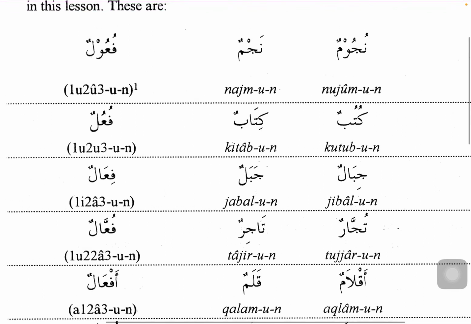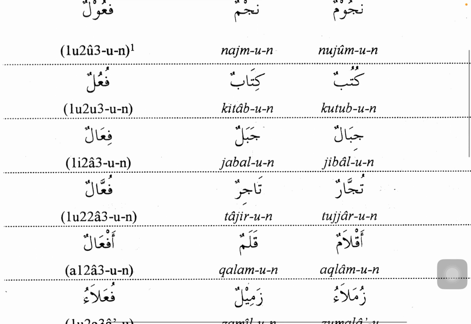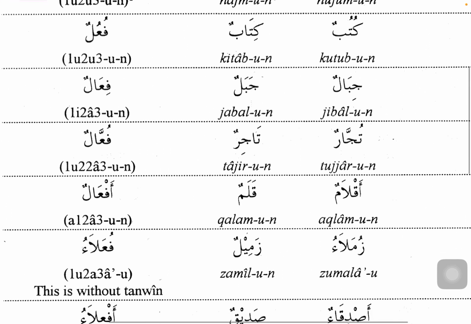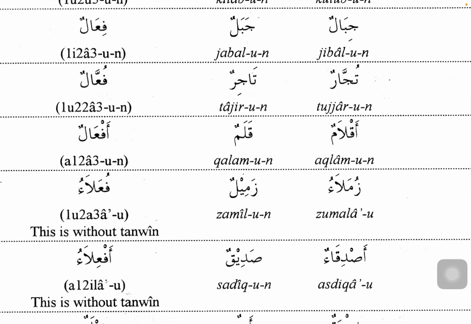So the first form is fu'ulun. The example is najmun, which is star, nujumun, stars. The next one is kitabun, the singular of book, kutubun, plural. The third example is fi'alun.